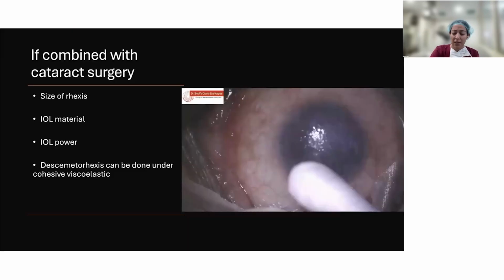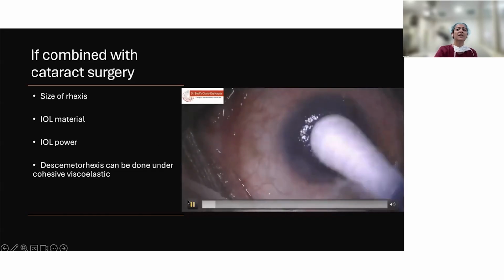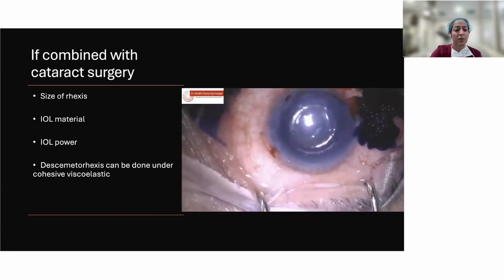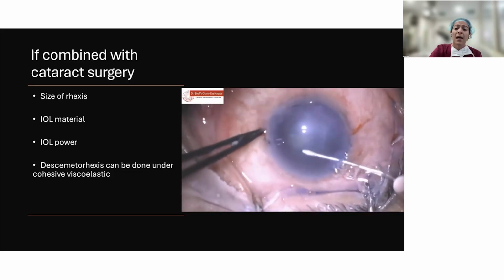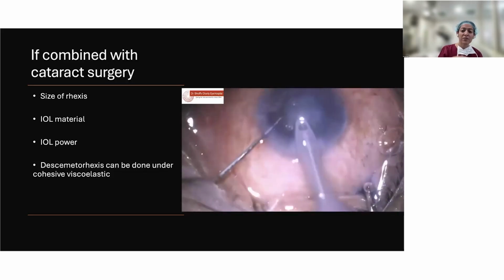If your surgery of the endothelial keratoplasty is to be combined with a cataract surgery, the couple of things that have to be factored in will be what is the size of the rhexis that you'd like to keep. And usually we'd like to keep about a 0.5 cover of the IOL 360-degree before we proceed with the endothelial keratoplasty so that your lens stays in the bag.